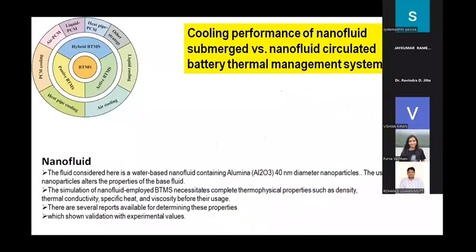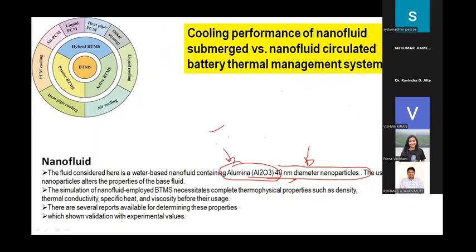Nanofluid can be made with different nanoparticles. We adopted alumina nanoparticles of 40 nanometer diameter. This adoption of the size of the nanoparticles and of alumina depends on so many factors.